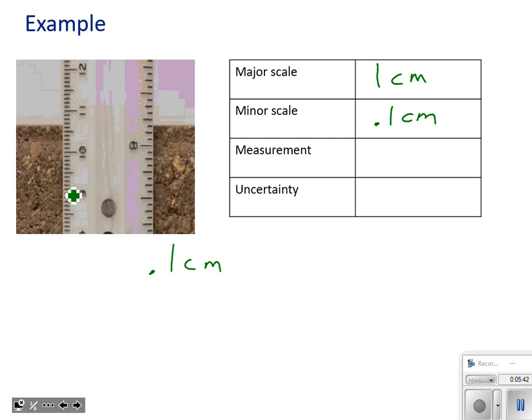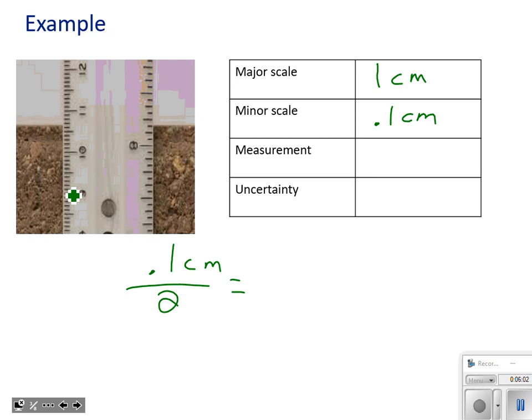centimeters. Now, I told you before, a couple of slides ago, that for an analog instrument, we take 1/2 of the smallest increment. Well, I divide that by 2. So I take 1/2 of that, I divide that by 2.